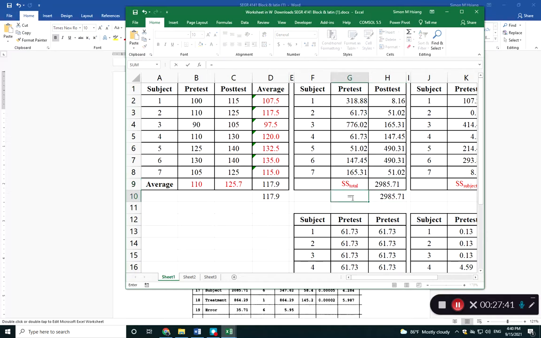You just calculate like what I did before. I just do the standard deviation of all 14 observations, and then I'll square it. And then that's the distance.